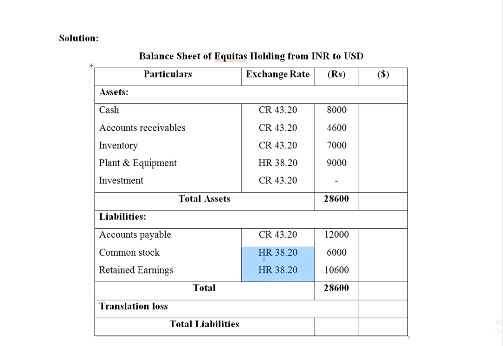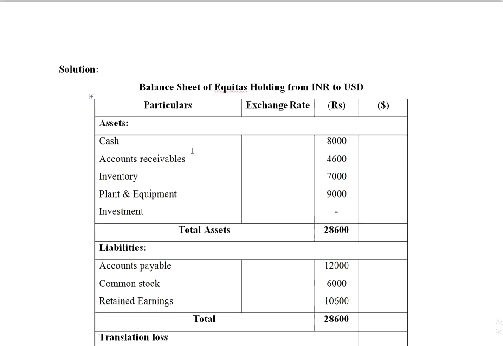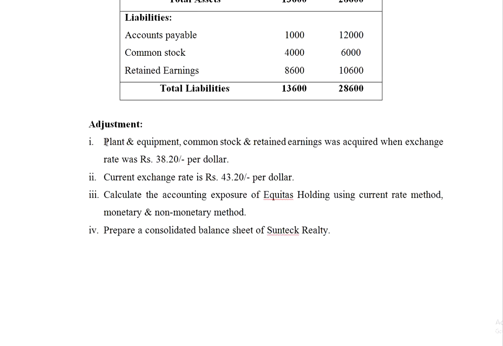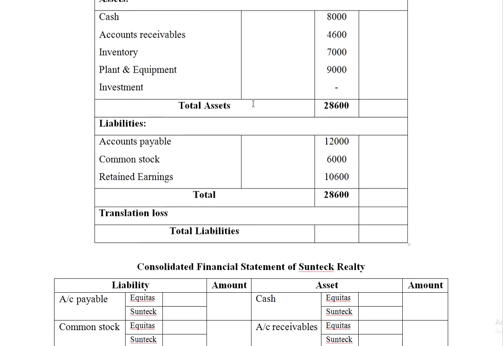So what we are going to do over here is, he says that only 3 items, plant and equipment, common stock, and retained earnings, are at 38.20. So that is a historical rate. First we shall write these things so that it will not get confused.